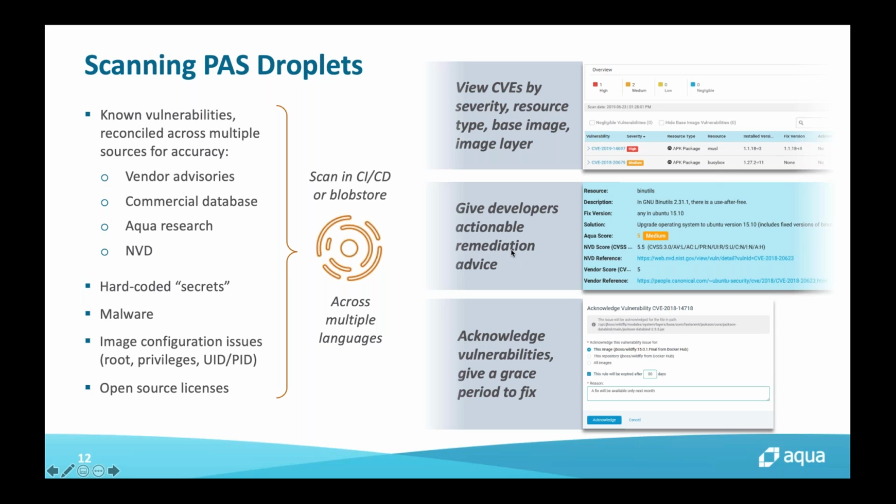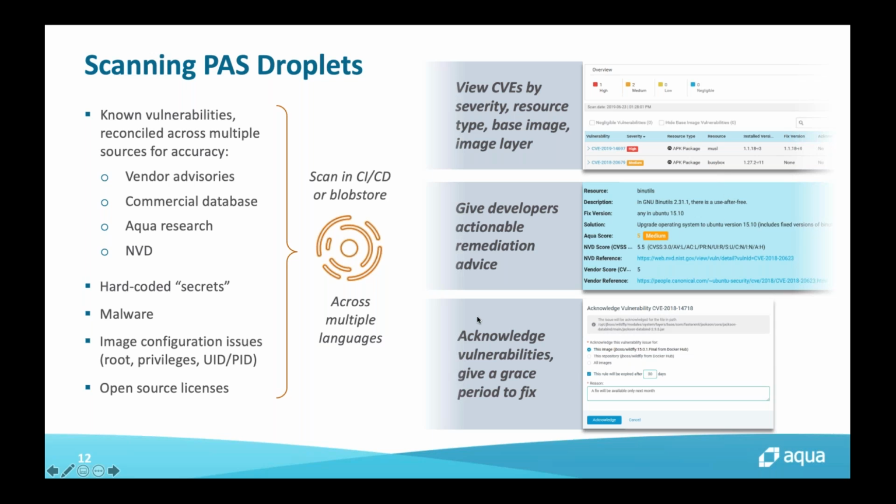From a developer's point of view, if you think of Dave's mentioning of shifting left and getting the developers more involved in the security lifecycle, we can provide within the CI/CD tool metadata related to the vulnerability and give them information on how to fix that. So if there is a fixed version available, provide that fix to the developer and they can make a quick change. So again, you're putting some of the security responsibility in the hands of the developer, so it can happen closer to the development of the application, and then it's a quicker turnaround most of the time.